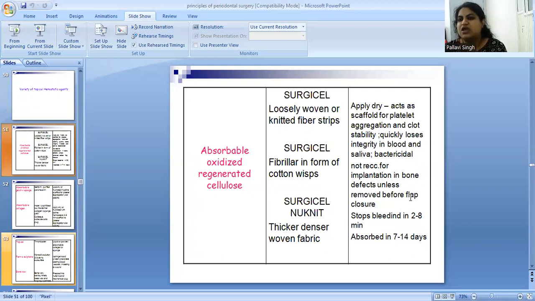But remember one thing: it quickly loses integrity in blood and saliva. It is bactericidal, but it is not recommended for implantation in bone defects unless removed before flap closure. So it is not recommended in bone defects.